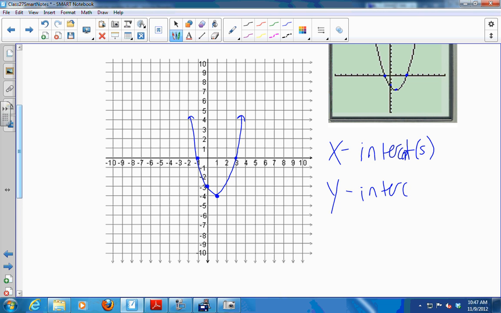Y-intercept, there'll be 1 of those. And the vertex. So those are the important points for graphing a parabola: intercepts and vertex.